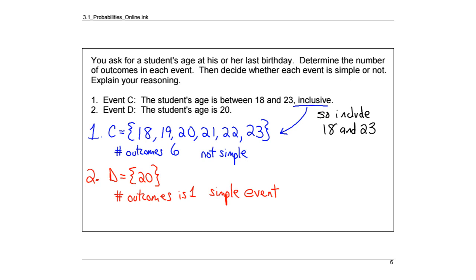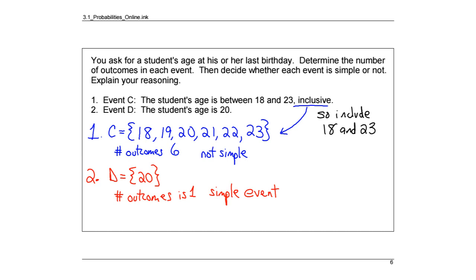So event C is that the student's age is between 18 and 23 inclusive. So remember, inclusive means we're going to include the 18 and the 23. Well, there's only so many choices because we just want their age. We want an integer. We don't want any fractions or decimals.